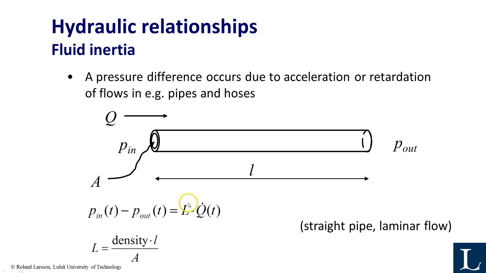This proportionality constant is the fluid inertia, and it is determined as density multiplied by the length divided by the cross-section area of the pipe. That could also be very useful.